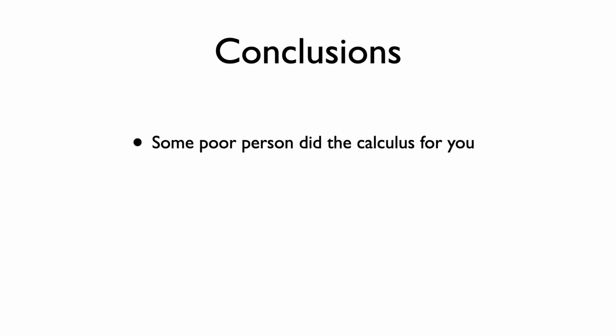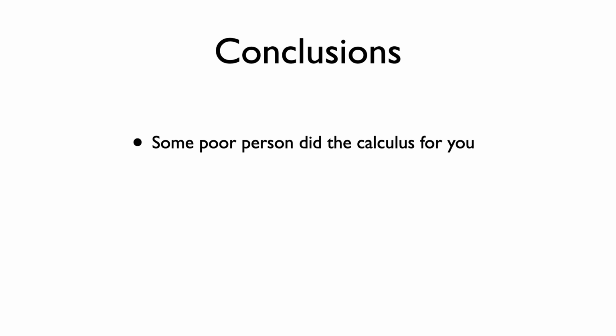Remember, some poor bastard did your calculus, so you don't have to. I think back to these people doing this 150 years ago, not even having adding machines, doing everything with pencil and paper. So you and I can go, oh, okay.